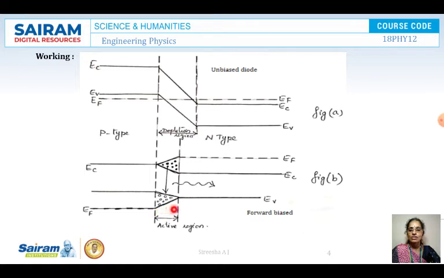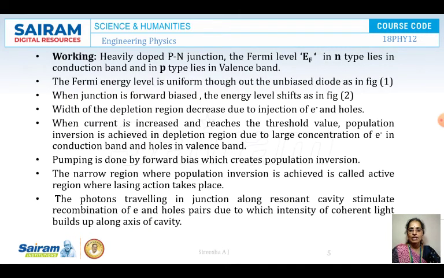Forward bias causes population inversion: more electrons sit in the conduction band of n-type and more holes sit in the valence band at a lower energy state. This is population inversion, because the number of electrons in the higher energy state exceeds the number in the lower energy state. So population inversion has been achieved. Now transitions take place, giving rise to stimulated emission. This is the working of a semiconductor diode laser.